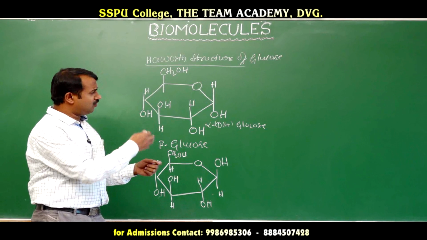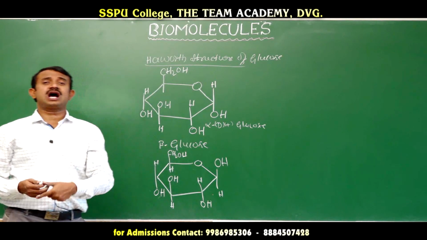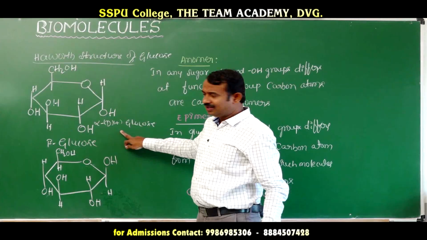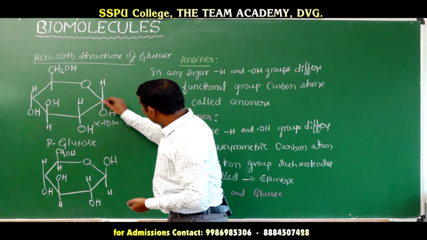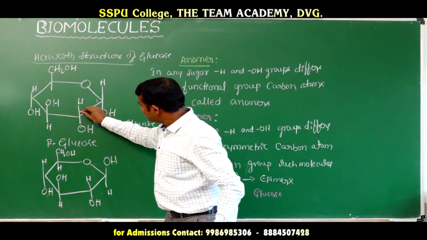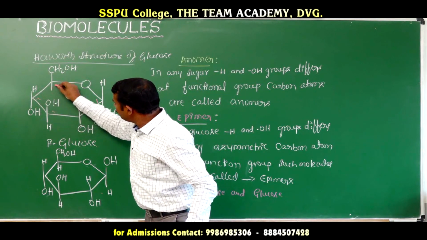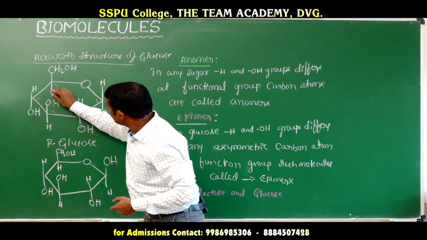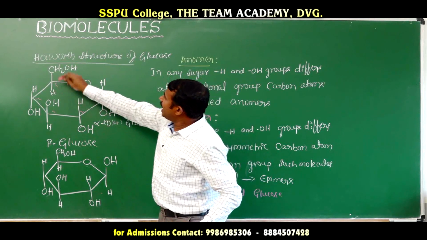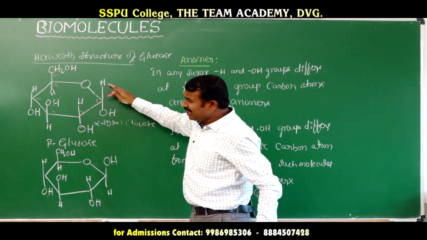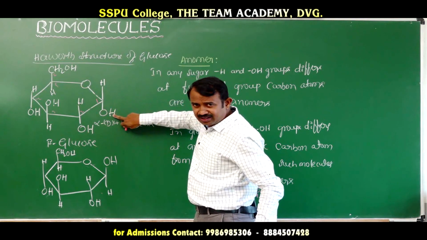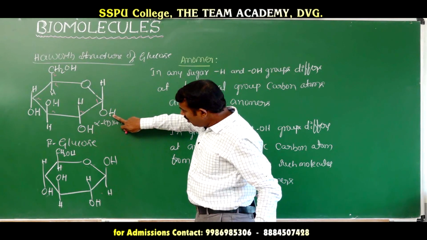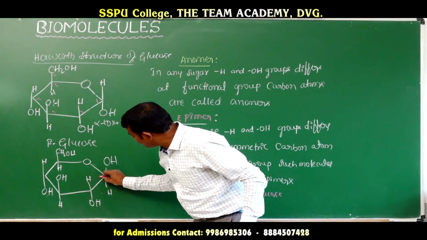Okay. Next we will go for what is the anomeric carbon. What are anomers? Listen here. Here is the C1 carbon: C1, C2, C3, C4, C5, okay, C5 and C6. The C1 carbon hydroxy group is below here, above here. Here also C1 carbon.